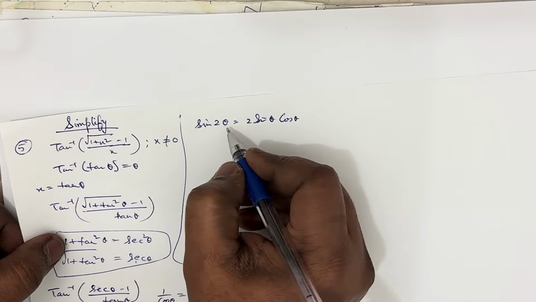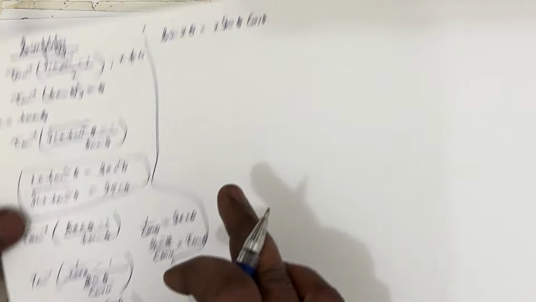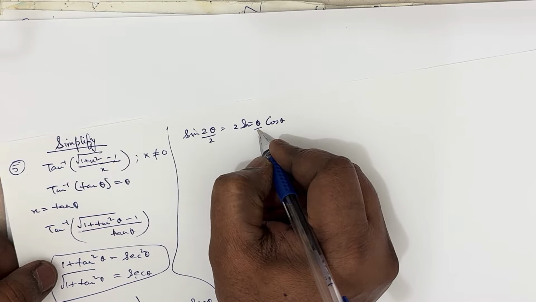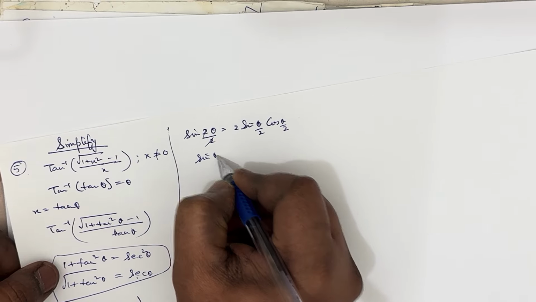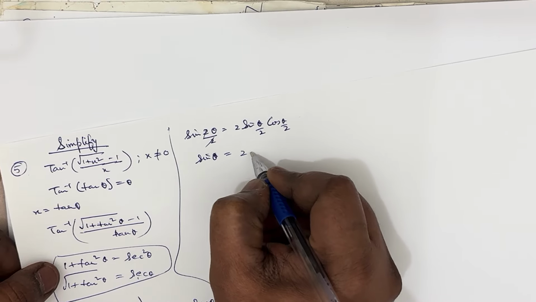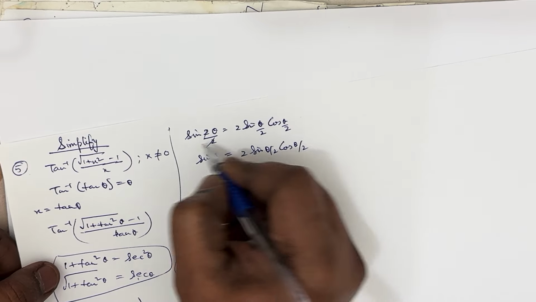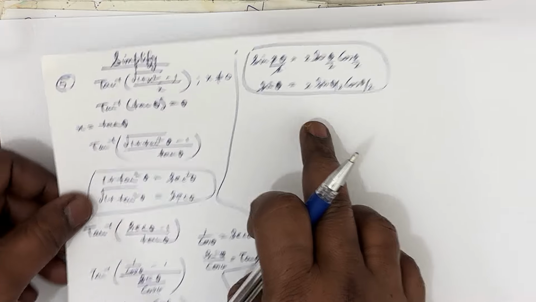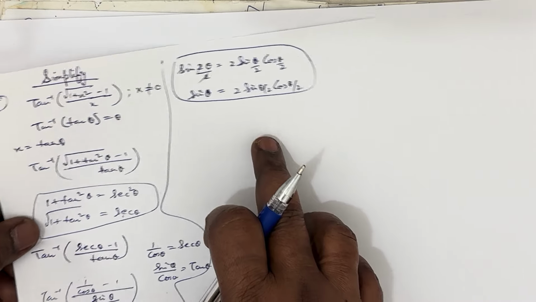But here we have sine theta, so we divide the thetas by 2, and we get sine theta is equal to 2 sine theta by 2 cos theta by 2. So we will substitute 2 sine theta by 2 cos theta by 2 instead of sine theta.